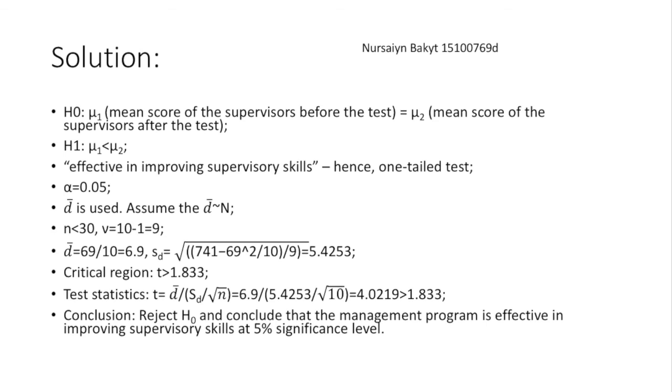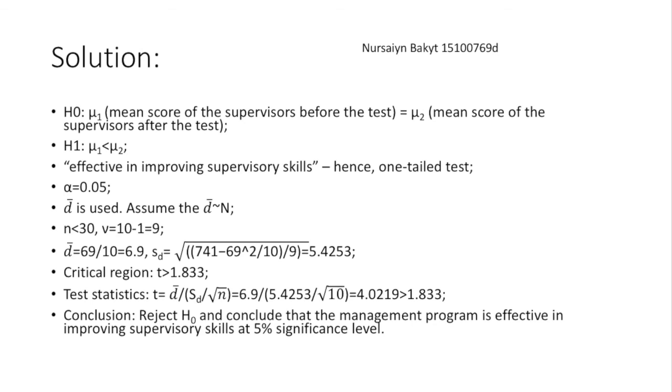As the question has already indicated that we have to test whether the program was effective in improving supervisory skills, it's going to be a one-tailed test. So the alternative hypothesis is that mu1 is less than mu2. The significance level is 5% and the degrees of freedom is 9. So our critical region is that t will be higher than 1.833.